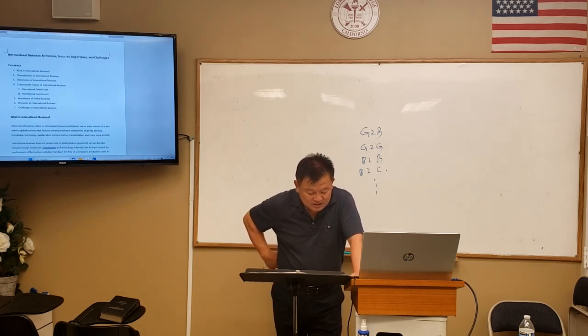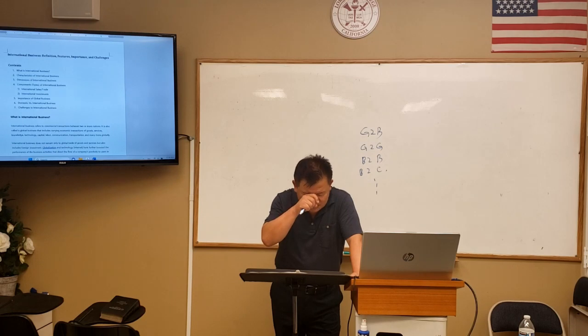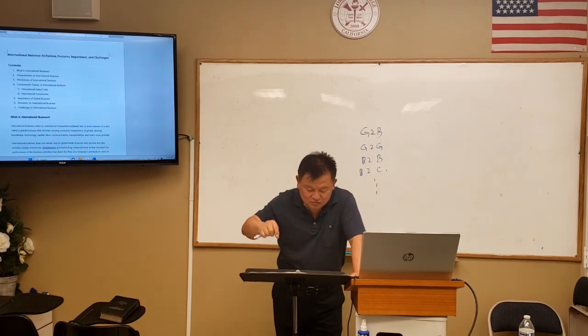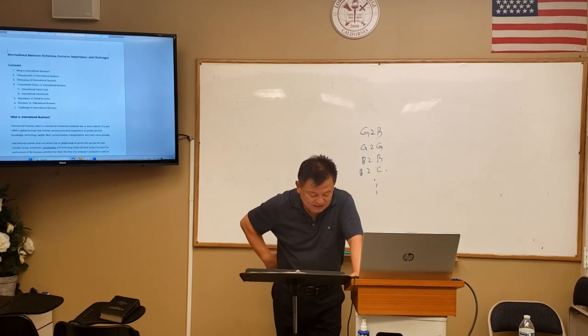B2G is business to government. This happens when a business takes the initiative to move goods to the government, for example, a company in the United States exporting to the Chinese government. B2C is business to customers. This dimension is more traditional and common.